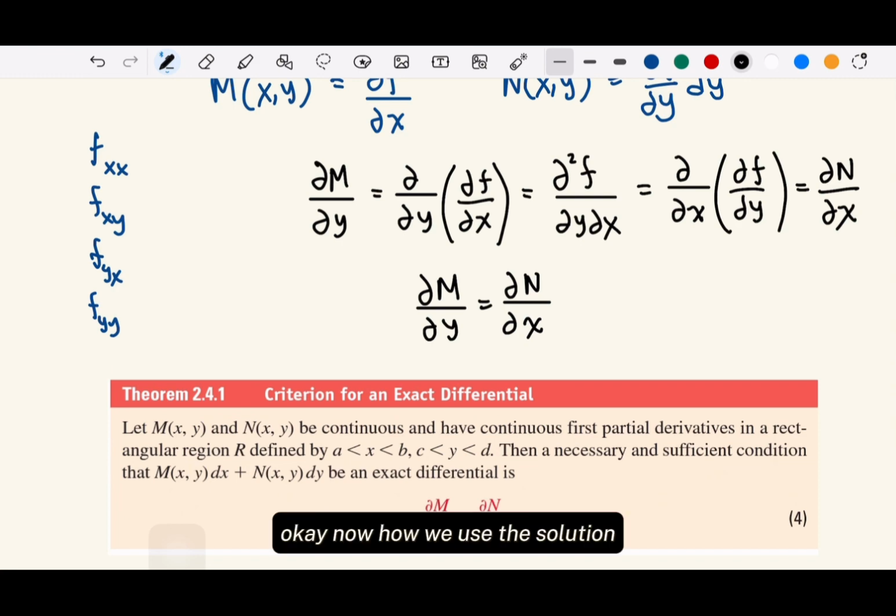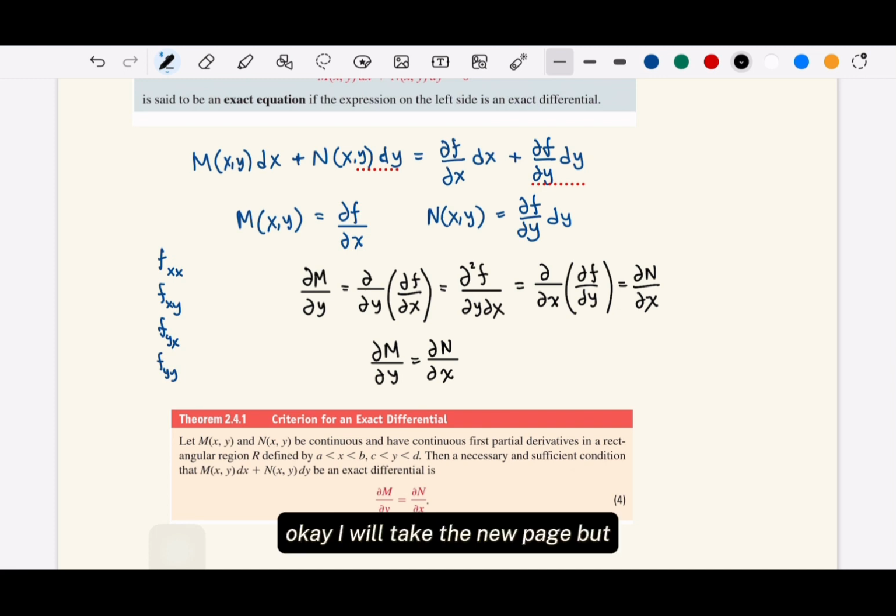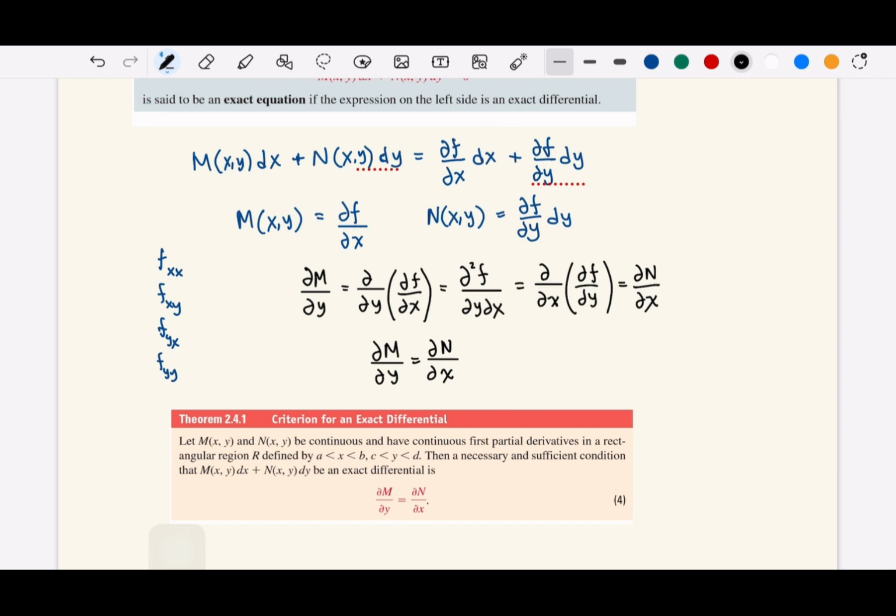Now, how do we use the method to obtain a solution?